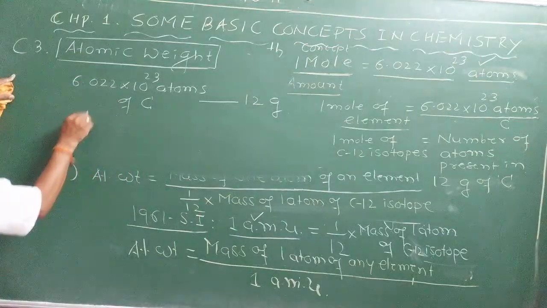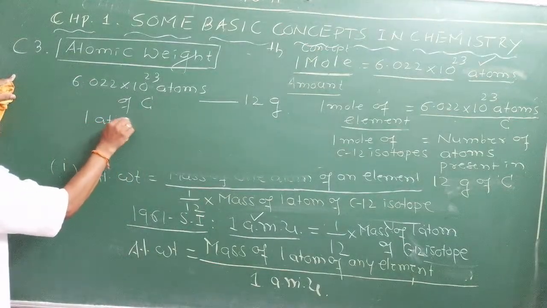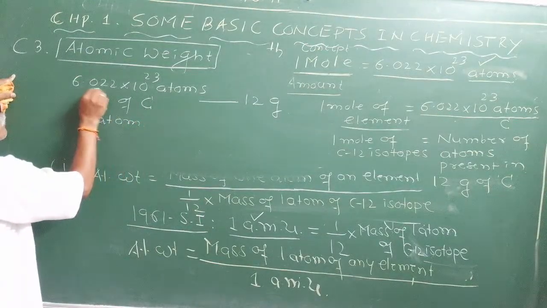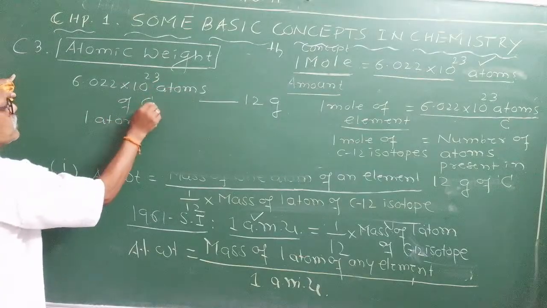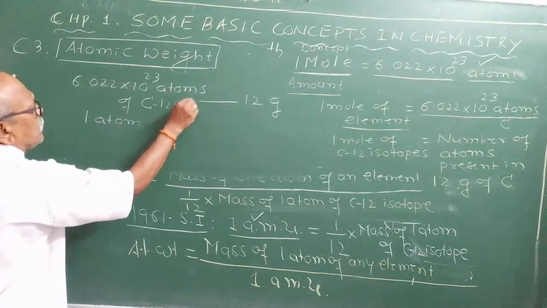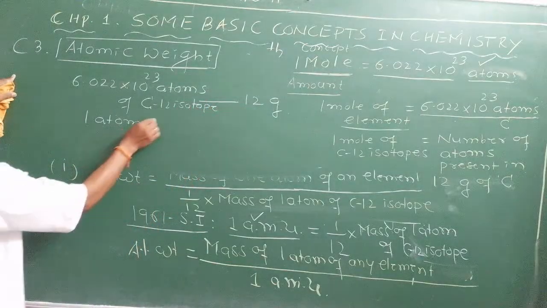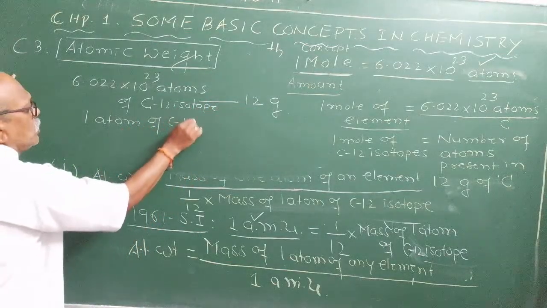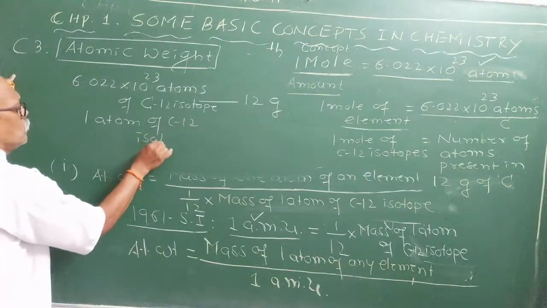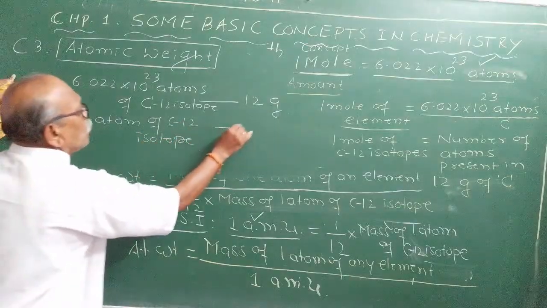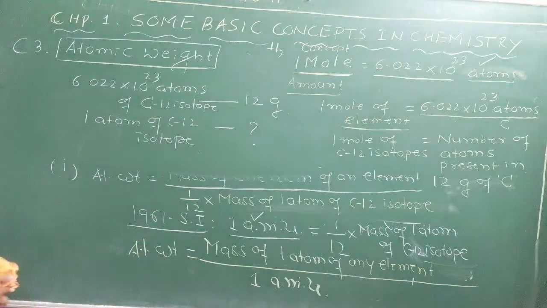Then 1 atom of carbon-12 isotope will have how much mass? Simple mathematics. Look, then what is the mass?